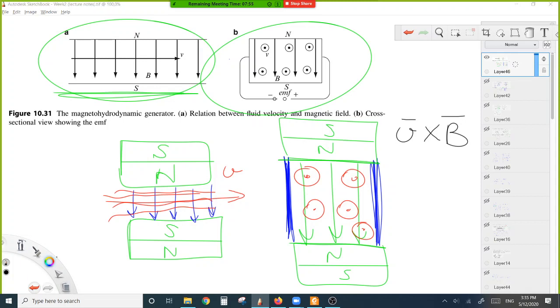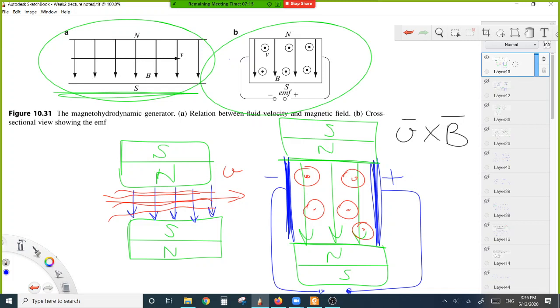So from this product we can conclude that the left plate becomes negative and the right plate becomes positive.